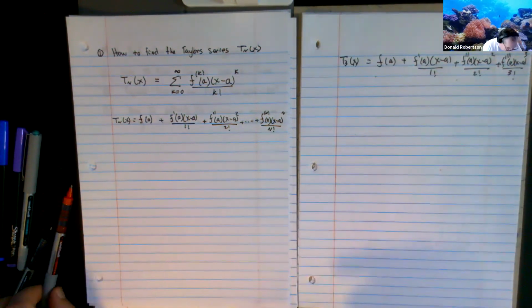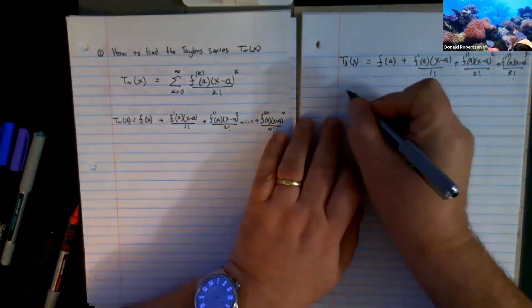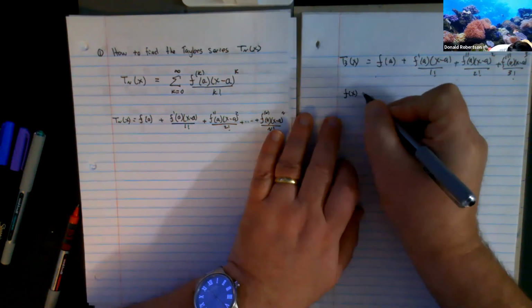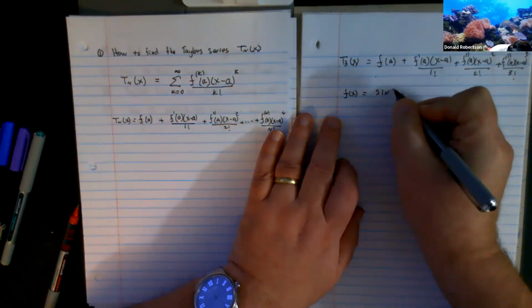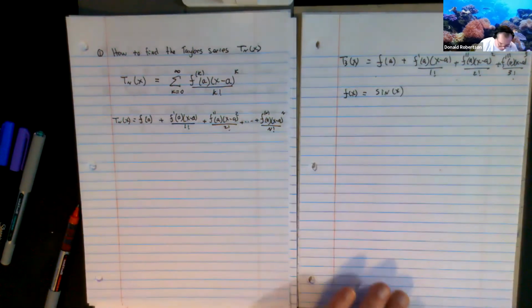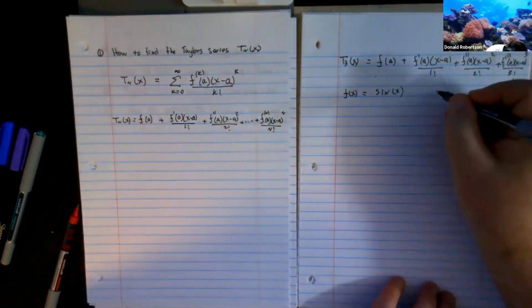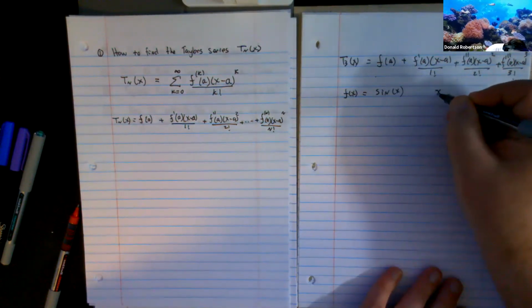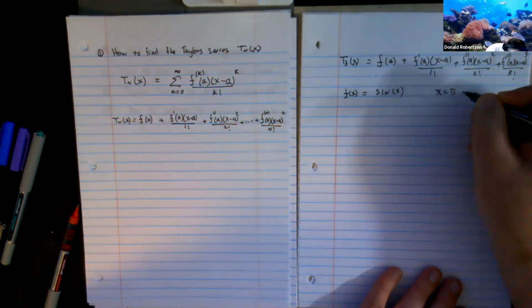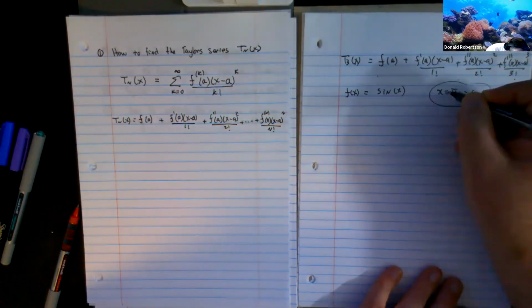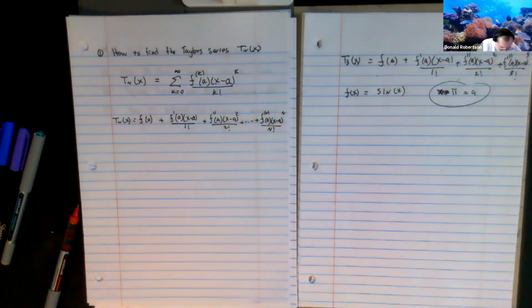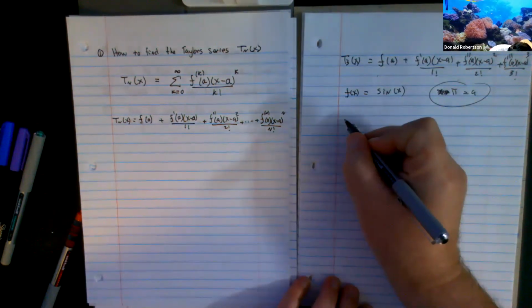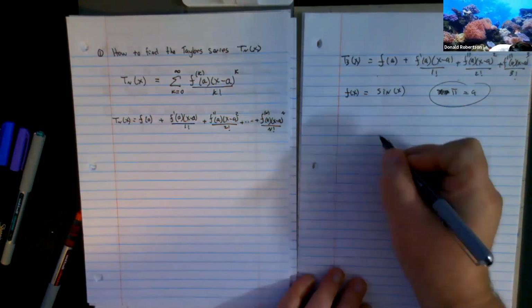So I'm going to pick a nice easy function to show you the process. Suppose I wanted to do T3 of x for sine x, and I'd like to center it at x equals pi, right? So that would be a equals pi. Then, well, let's do the working for it first.